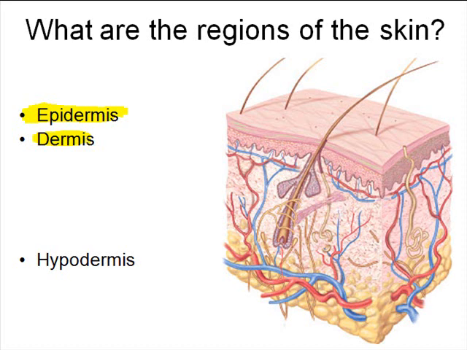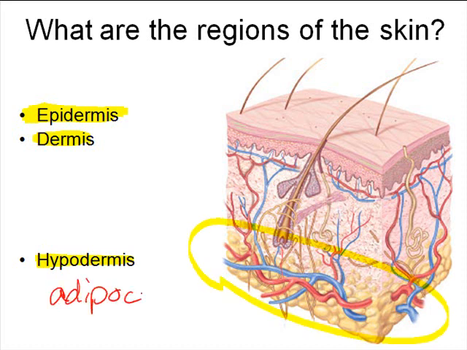Now, there's also deep to the dermis a third layer of tissue that some people think is part of the skin, but it technically is not. It is not classified as part of the skin, but we do usually talk about it when we talk about the skin because it's immediately adjacent to it. That layer is called the hypodermis, and it is composed primarily of adipocytes, which are mature fat cells.